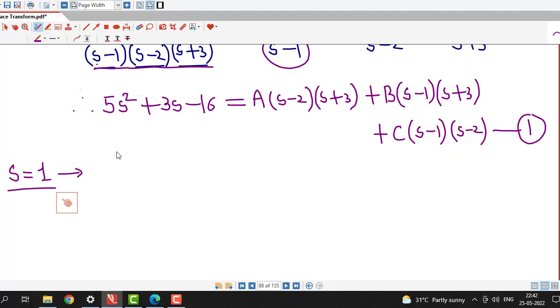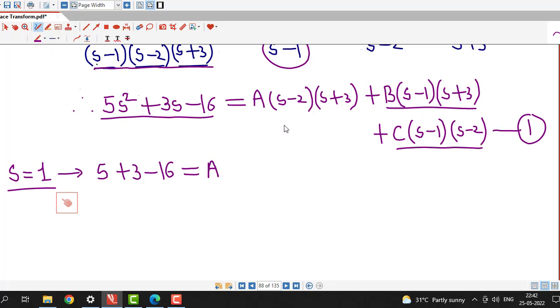So corresponding to s equal to 1, if I take s equal to 1 here, I will have 5 plus 3 minus 16 equal to, for s equal to 1 these two terms will be 0 because we will have 0 in the product, and the non-zero contribution will be from this first term.